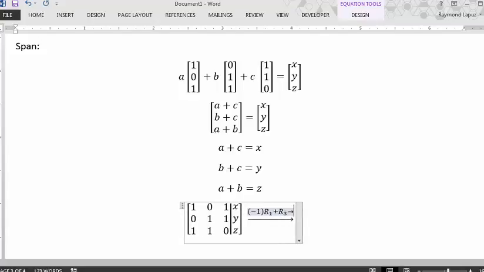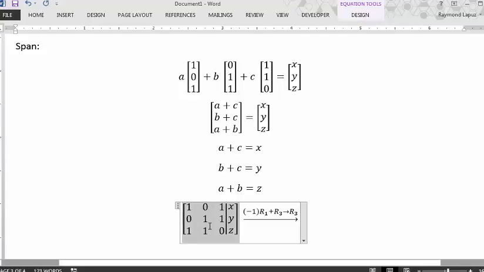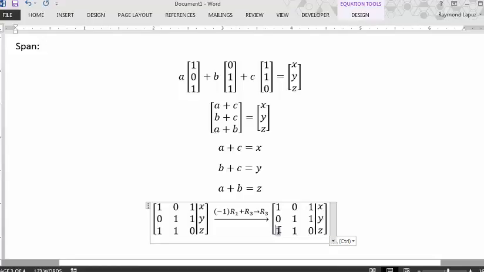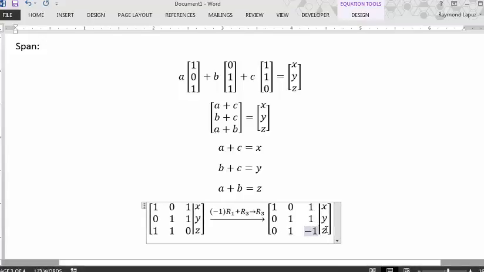And say we're going to replace row 3 by that. And so what's this going to look like after we do the transformation? Everything will be exactly the same except this will be 0. This will remain 1. This will be -1. And then I did something here too. I added negative times row 1, so we got a minus x.